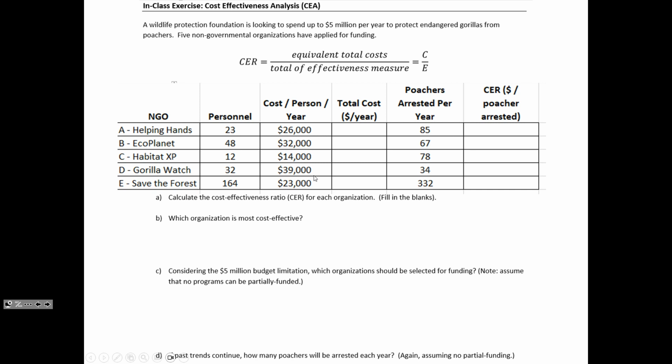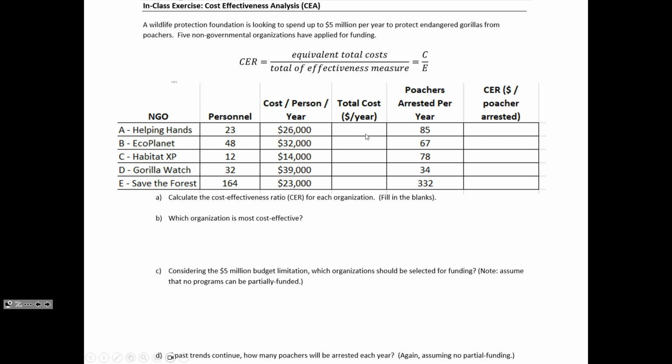Okay, so this is similar to the example I was showing, except for this time we're going to make the units a little bit more meaningful. So you'll notice that there's some blanks in the table. I'd like you to calculate the total cost, because what we're given is for each of these different non-governmental organizations, there's 1, 2, 3, 4, 5 of them, how many people they have on staff, and what is their cost per person on the staff.